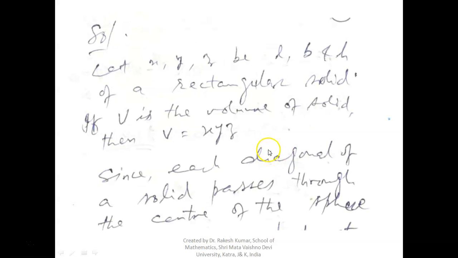What we do, let x, y, z be the length, breadth and height of a rectangular solid. If V is the volume of the solid, then V is equal to x into y into z. Since each diagonal of the solid passes through the center of the sphere, each diagonal is equal to the diameter.